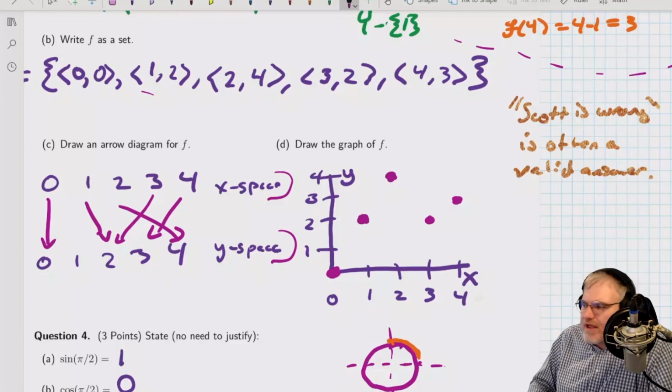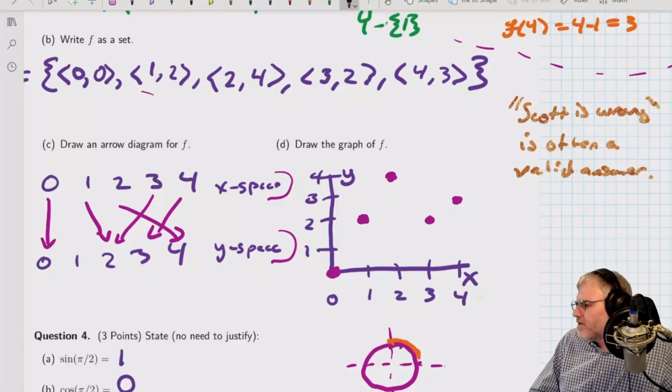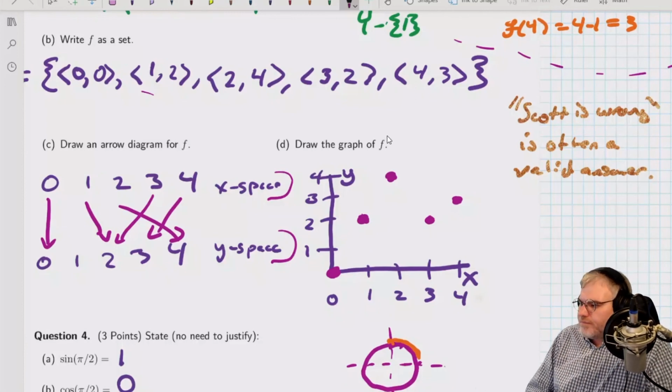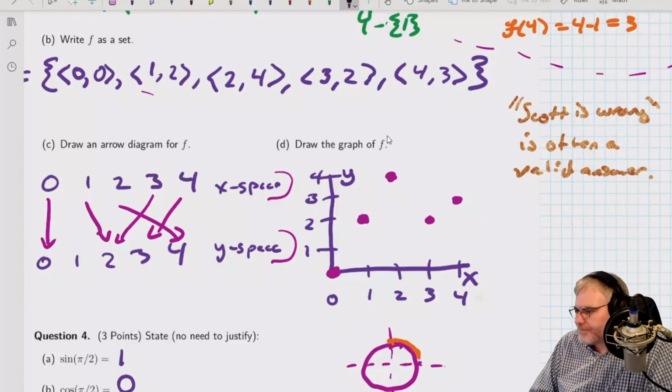Okay. So how do we feel about that little graph thing, 1 to 5? All right.